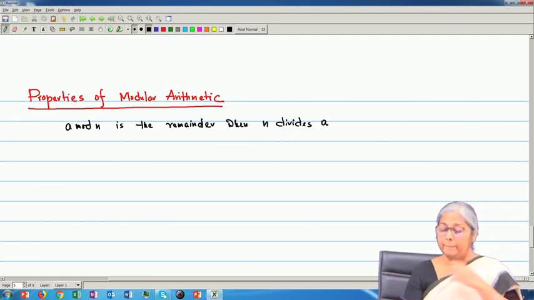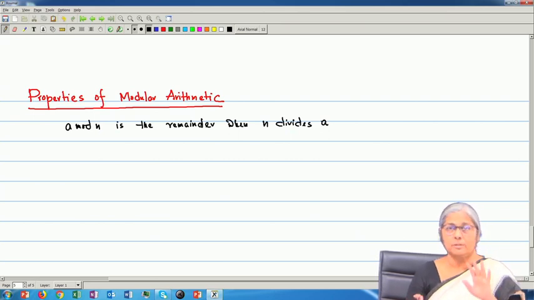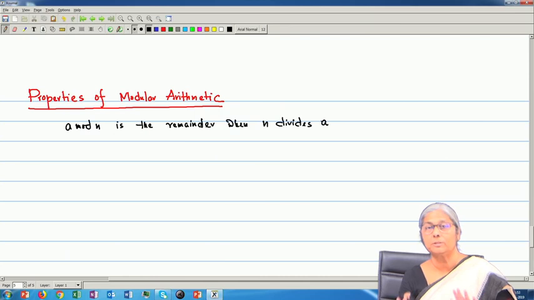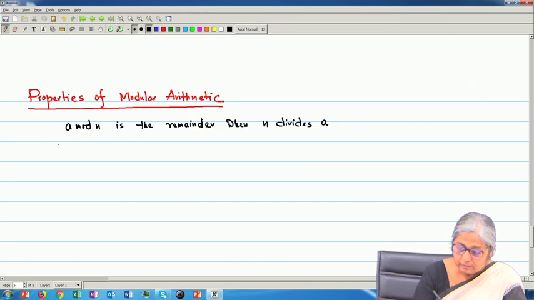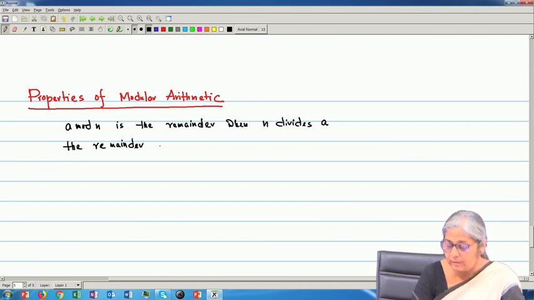Now, if n is a positive integer and a is divided by n, then the remainder can be 0 to n minus 1.